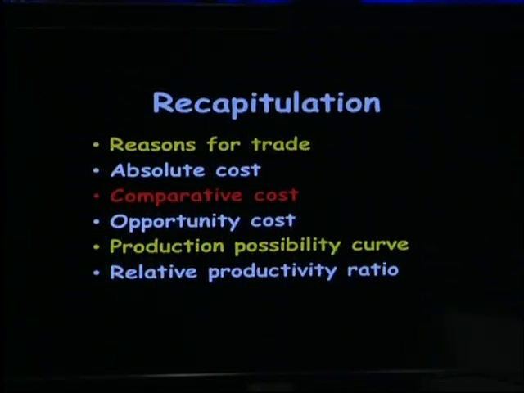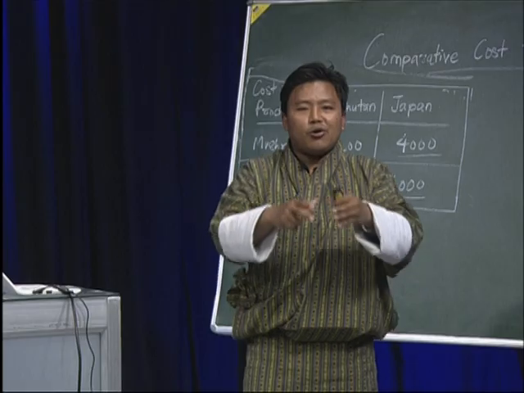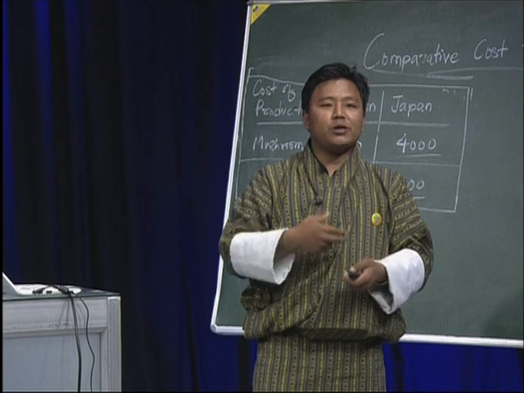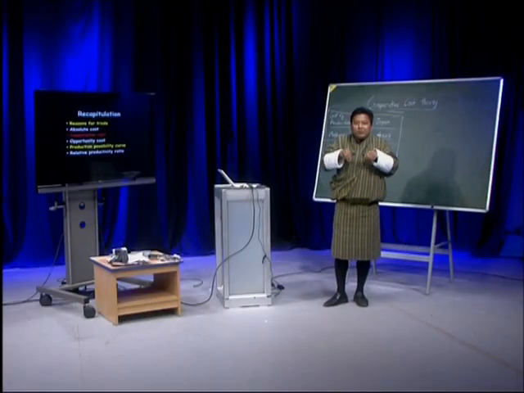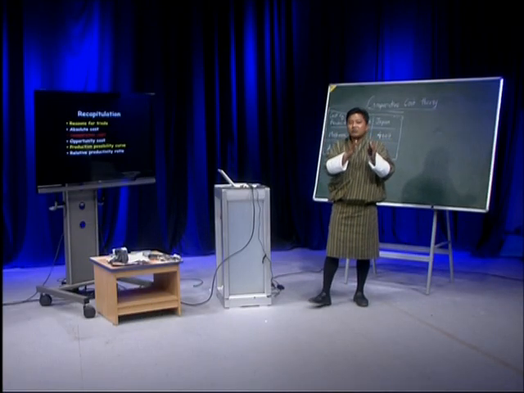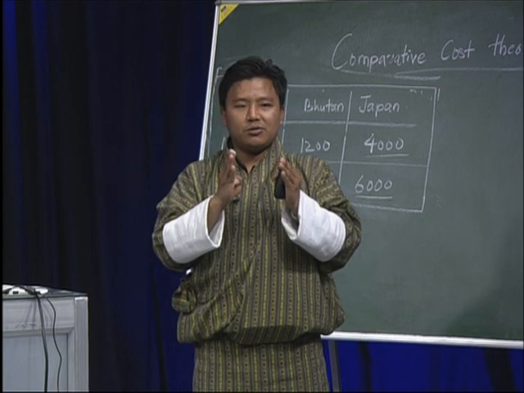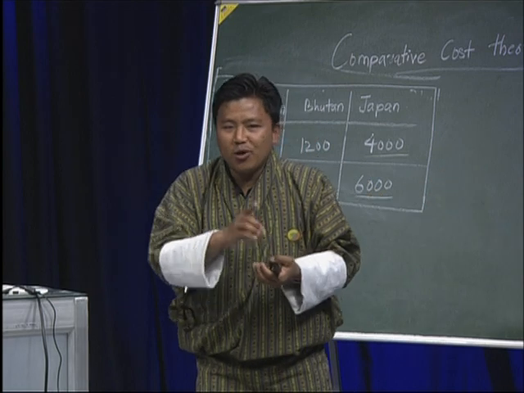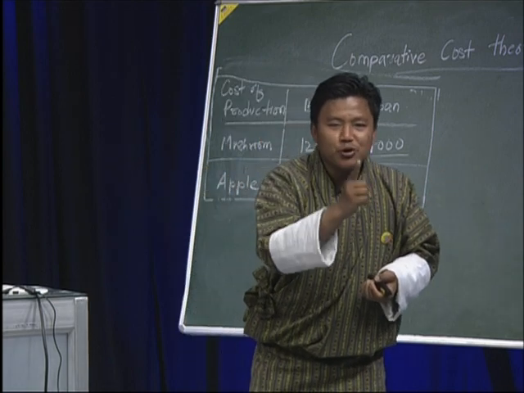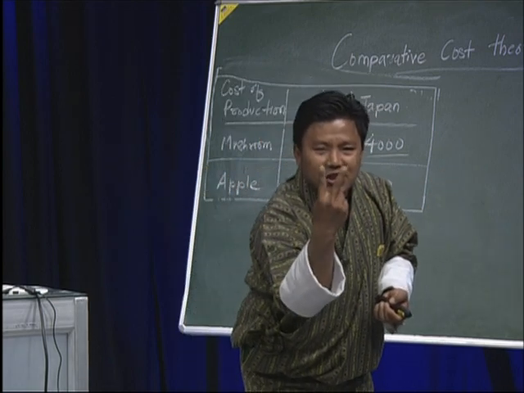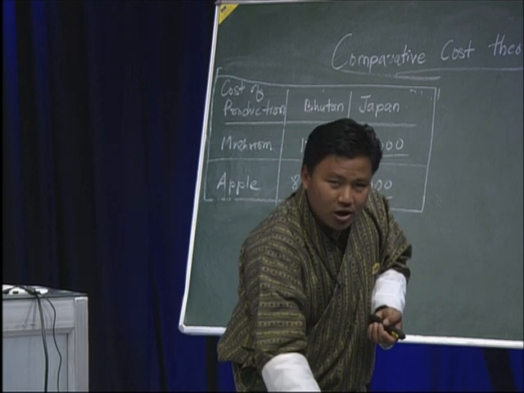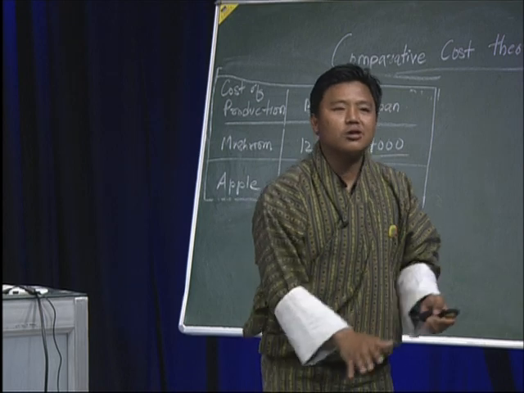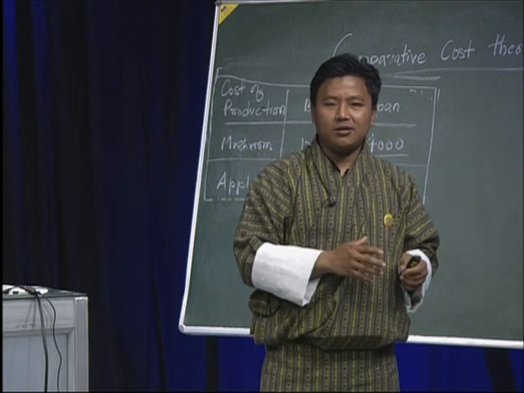Now I'm done with the teaching of the concept, and before I close this lesson, let us recapitulate what we have learned. We have learned what is meant by comparative cost. So comparative cost is a situation when one country can produce both the commodities at lower cost compared with another country.